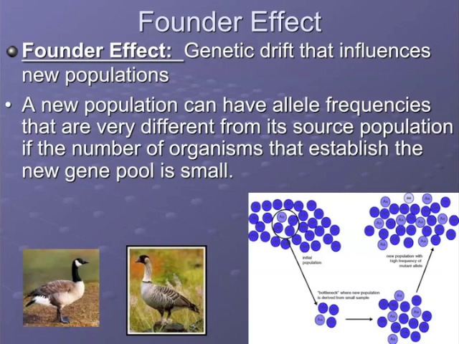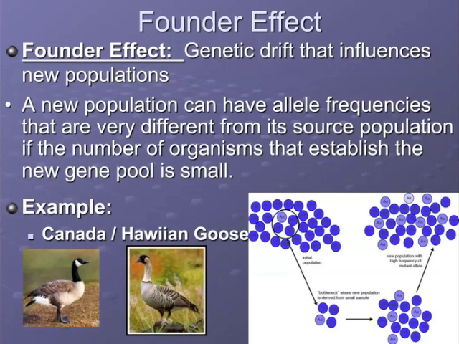And those 4 that are circled go and form a new population. In the initial population, that light blue wasn't that common, but because there are only 4 of them, in the new population it's 25% of it. And therefore, when it grows, you end up with a whole different population.